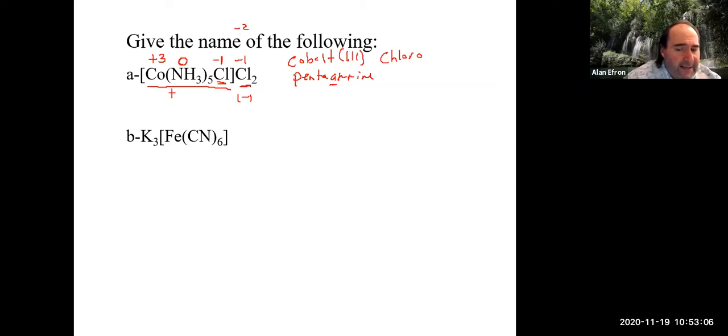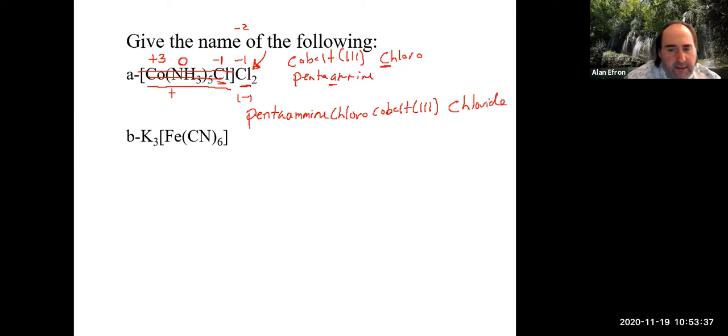So it is A versus C in terms of our ligands. So that's going to be pentaammine, chloro, cobalt(III). That takes care of the entire complex ion part. What is left is our counter ion, which even though we have 2 of them, we will just call chloride. So pentaamminechlorocobalt(III) chloride would be the name of this compound.